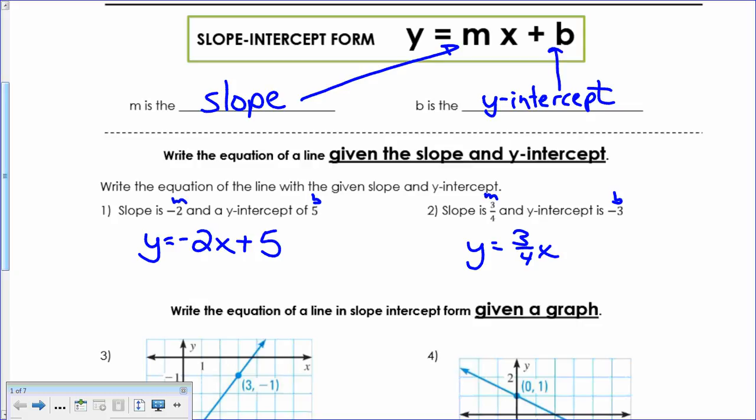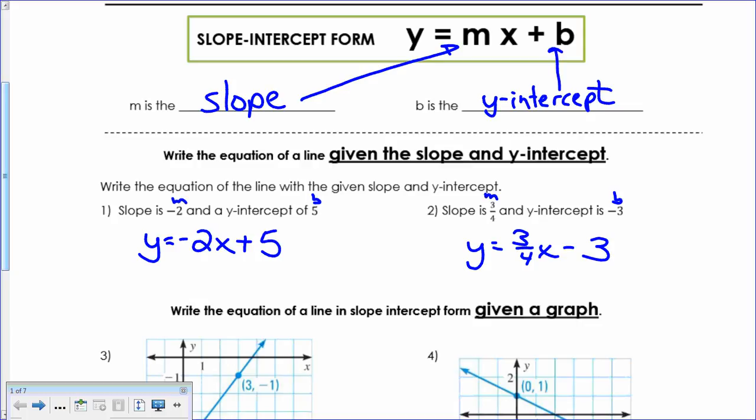So if it's positive, we just change the b part, we don't change the sign. When it's negative, the sign instead of positive becomes negative. So instead of writing plus -3, we would just write -3. Okay? Pretty simple to start, right?